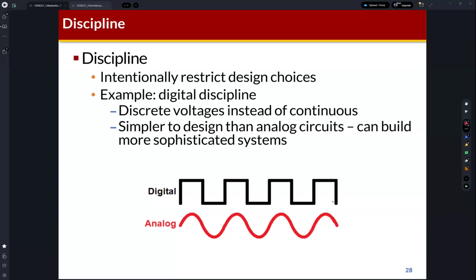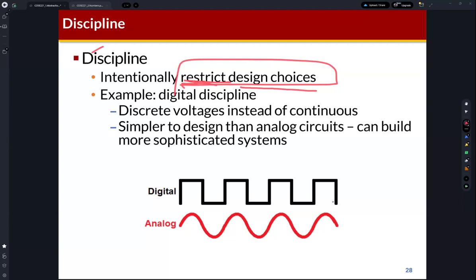As you can see, the definition of discipline is to intentionally restrict design choices. So we can say that discipline is related to restrictions because it restricts our behavior. It's the same for design: intentionally restrict design choices.